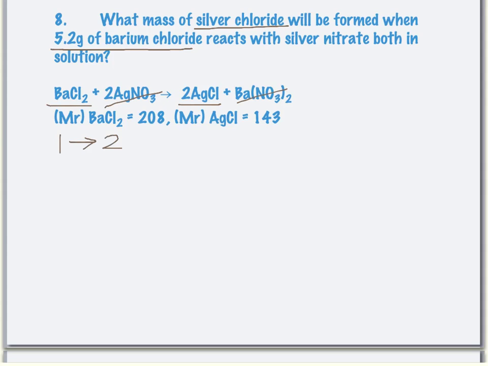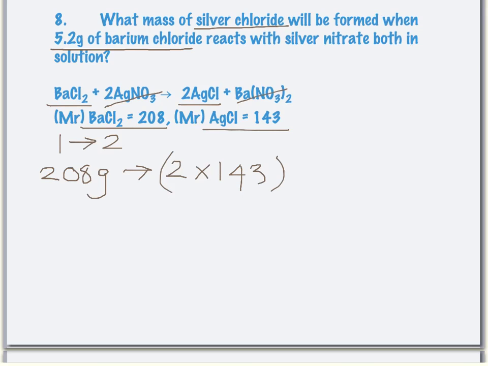What you notice is 1 mole of barium chloride makes 2 moles of silver chloride. So that tells us that 1 mole of the barium chloride, 208 grams, will make us 2 moles of the silver chloride. So 2 times 143, that's equal to 286 grams.